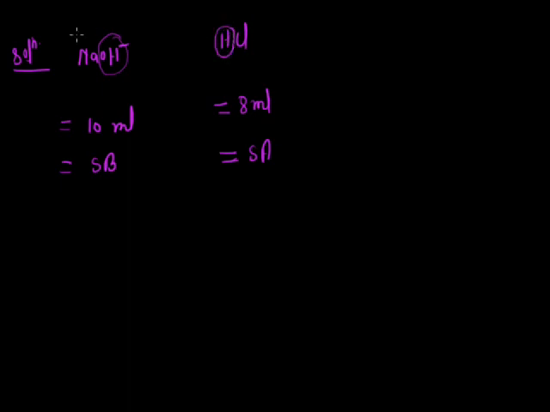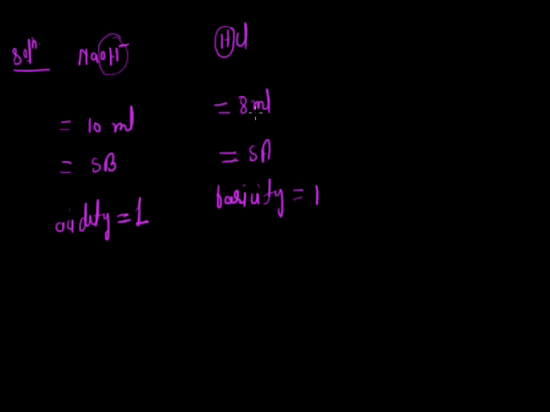Now the acidity of this is 1, and acidity means the number of OH negative which will react with the acid. The basicity means the number of H plus that will react with the base. Both have the same value of acidity and basicity, that is 1, and both are strong. So we need equal amounts for complete neutralization.